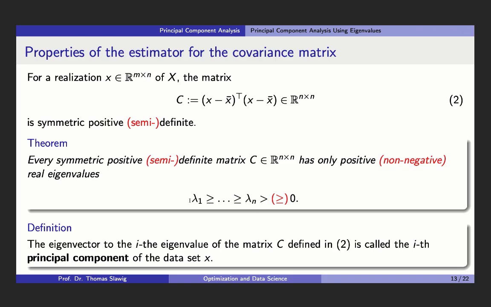So we have an ordering of the eigenvalues, and here in this case I order them. The first one is the biggest one. And we can identify with each eigenvalue the corresponding eigenvector, and these are called the principal components. So if I want to find the first principal component, then I mean the eigenvector corresponding to the biggest eigenvalue.